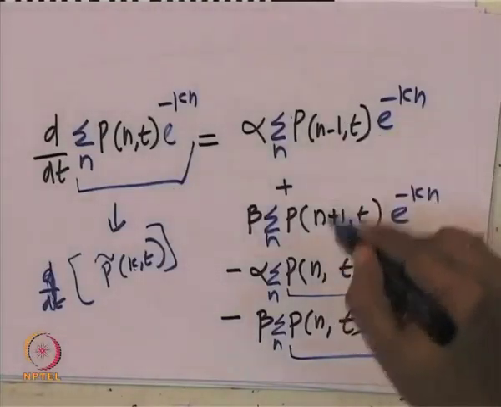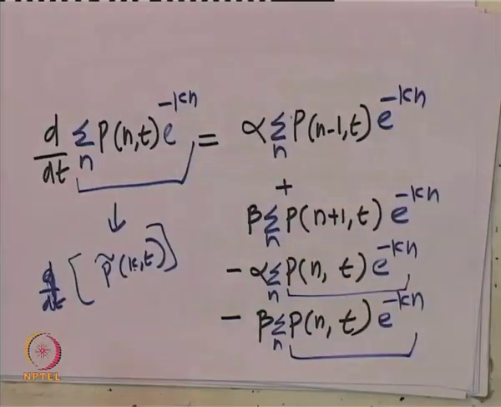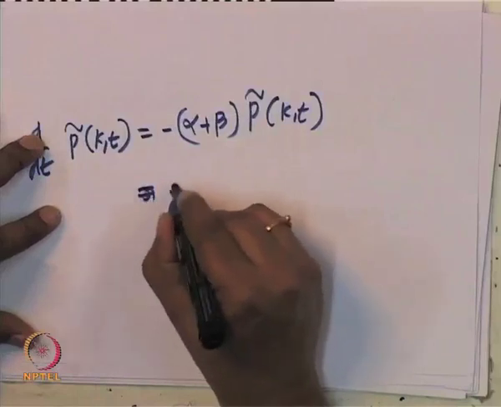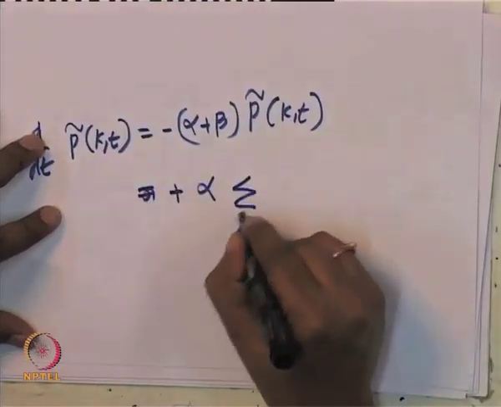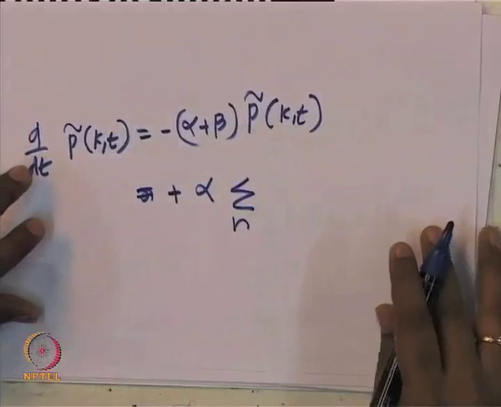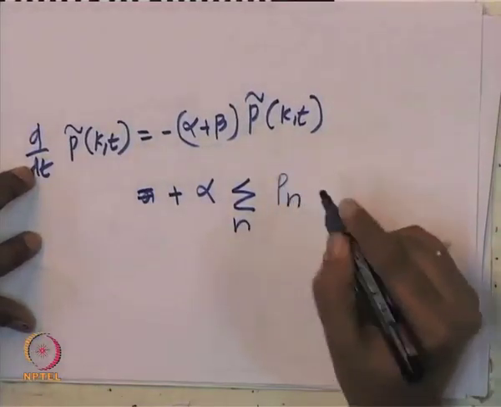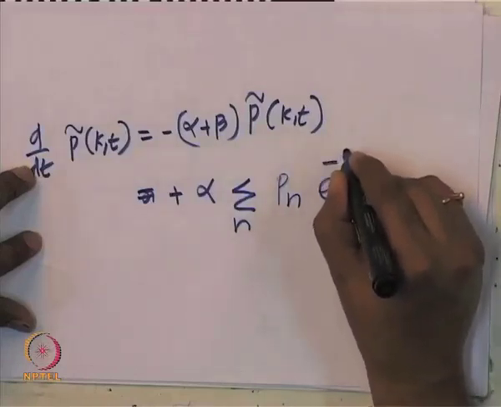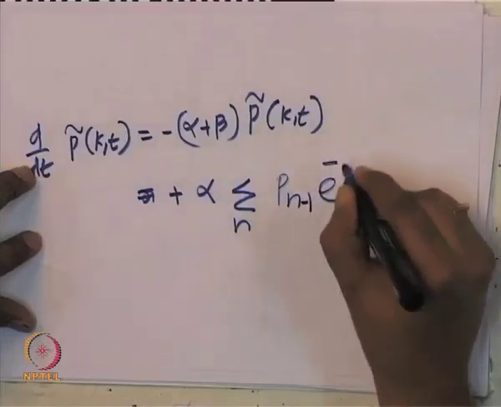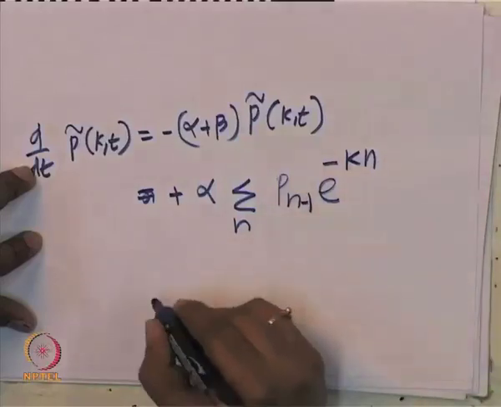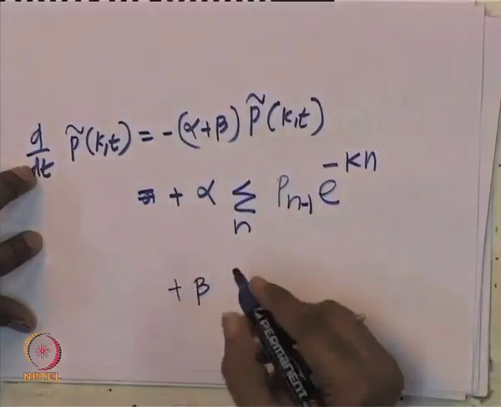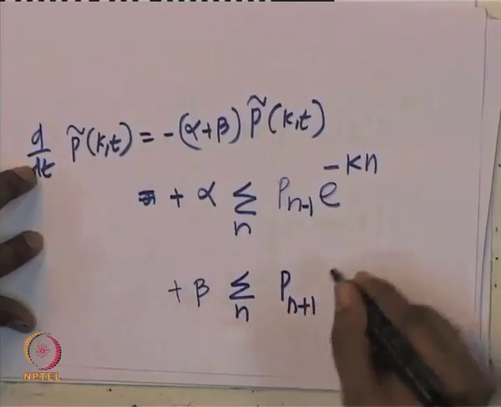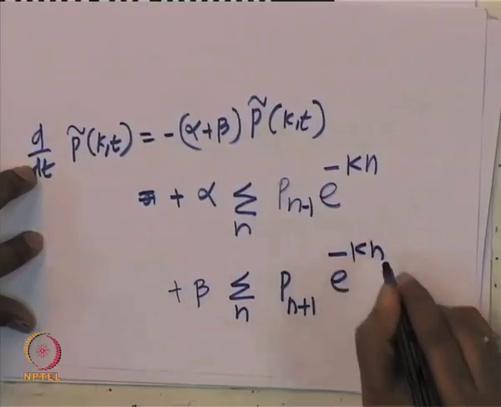Now, I have to do these two terms, but those two terms I will write in this particular way. So, this is plus alpha into sum over n p n minus 1 e power minus k n, and here it is plus beta sum over n p n plus 1 e power minus k n.